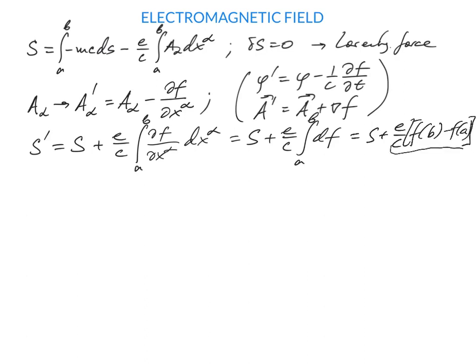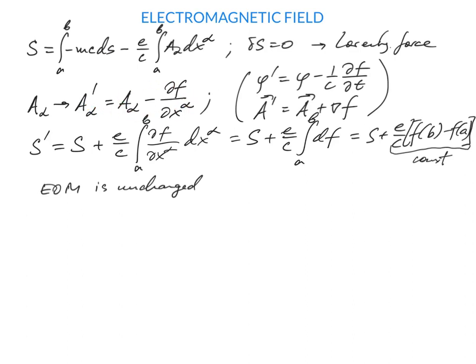This term here is a constant. It does not depend on anything the particle does between a and b. So, as a result, the equations of motion, or the Euler equation, the Lorentz force that we found, is unchanged by this redefinition of A. We'll get exactly the same motion for the particle if we write the action with A or A prime that is redefined in this way.